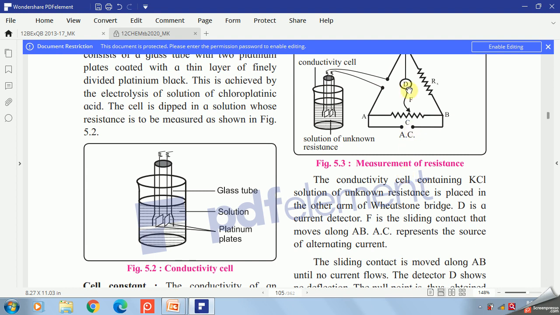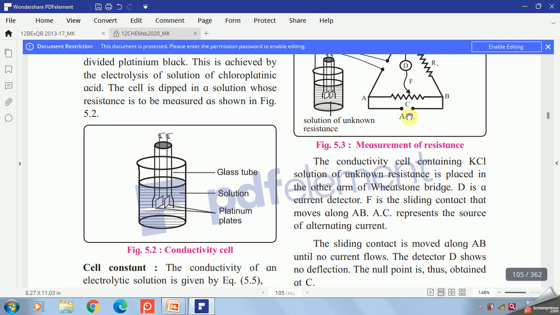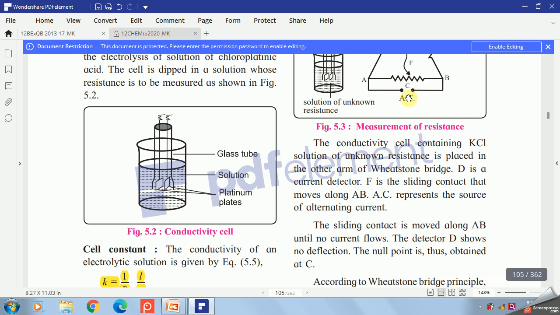So the sliding contact moves along this AB until you observe no current flow, that can be shown in your milliammeter. The detector D shows no deflection. Okay, and the null point is thus obtained as C. So at this C point there is no deflection.